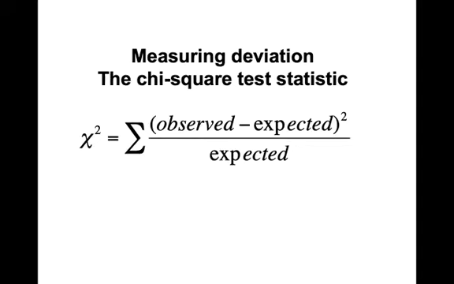You could be positive or negative, but once you square it, you become positive. You divide that by the expected number for each of the categories, and you sum up those deviations across all the categories. So far, we've only been doing 2 categories, round or wrinkled, but it could be more than 2 categories.